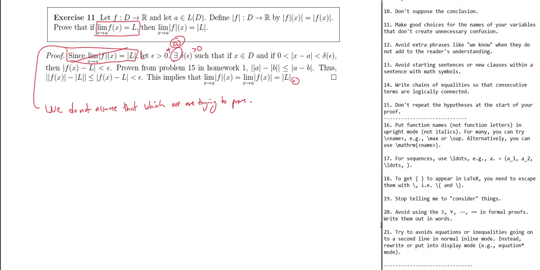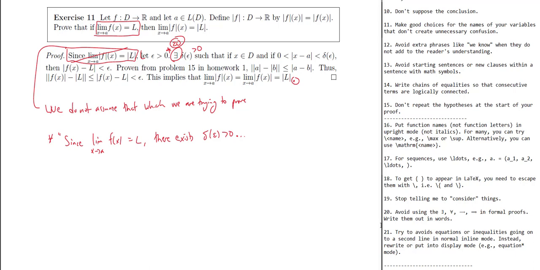Okay, and now let me put a little star in here, and you'd add in, since the limit as x goes to a of f of x, no absolute value, equals L, well, we just say there exists delta of epsilon greater than 0 dot dot dot. Okay, and now everything is going to be fine.